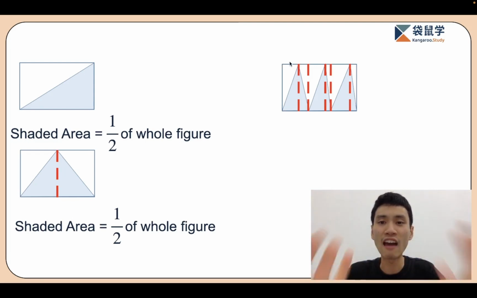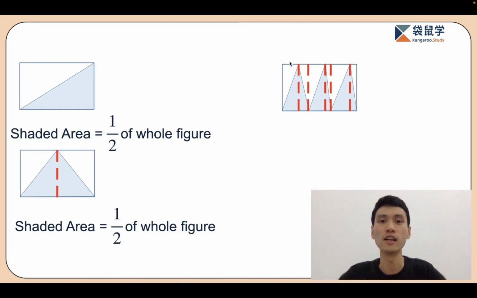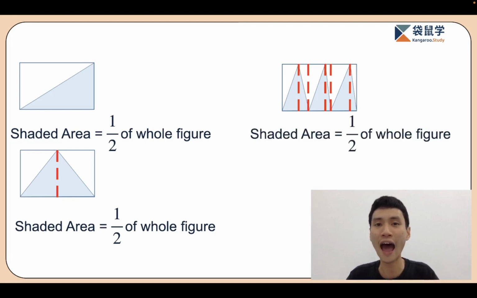And if we check every other part, that is the case. The shaded area is 1/2 of the part. Therefore, in the whole figure, what is the relationship between the shaded area and the whole figure? It is also 1/2.